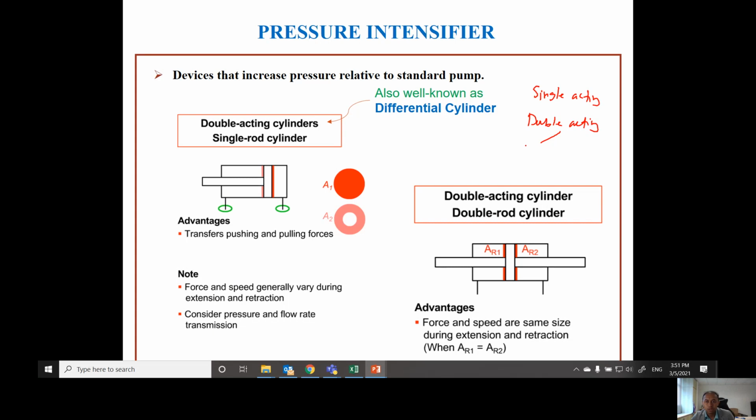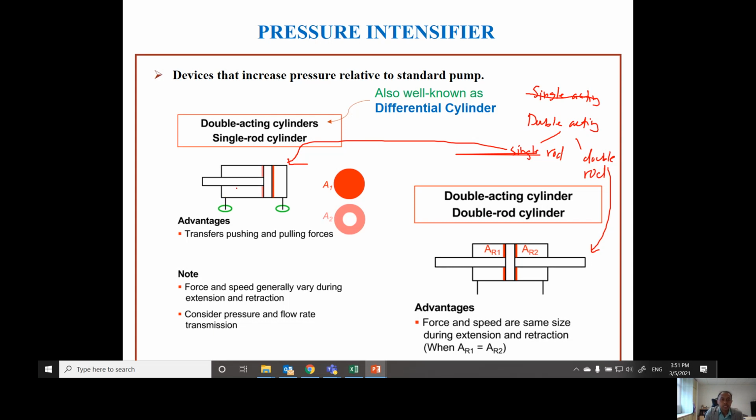Under double acting, you have 2 types: single rod or double rod. Okay. So this is a single rod cylinder, and this is a double rod cylinder. Both are actually double acting cylinders. So now we are not interested in single acting anymore, just focusing on double acting.